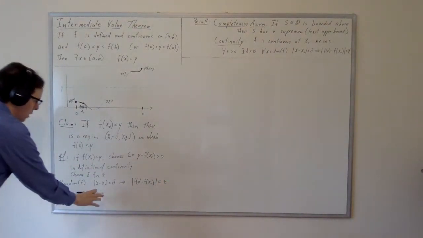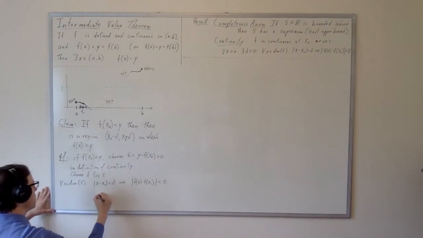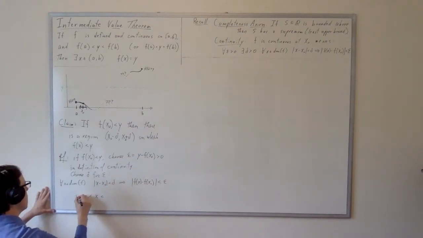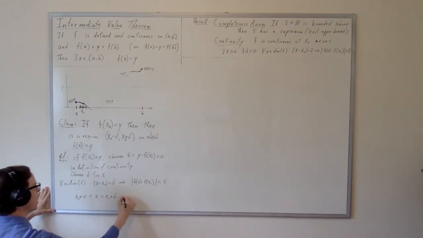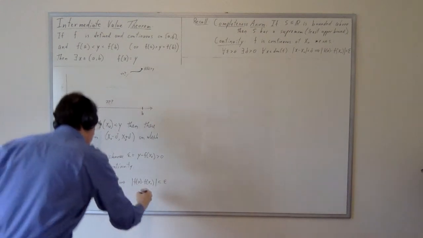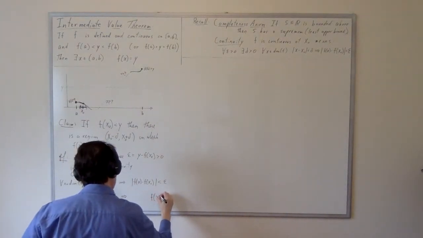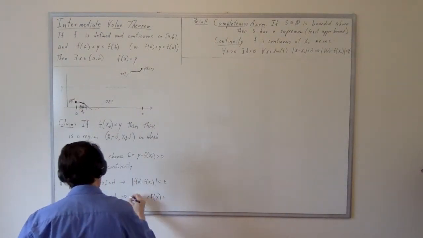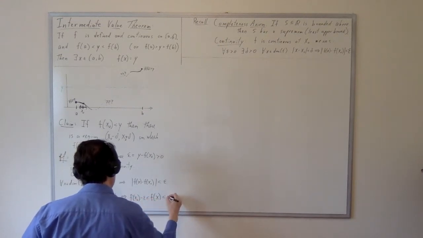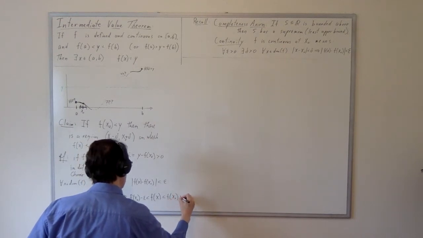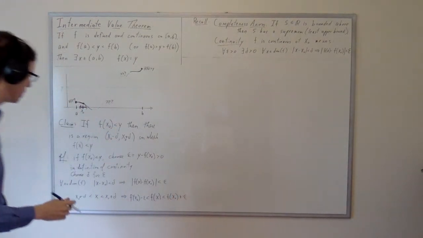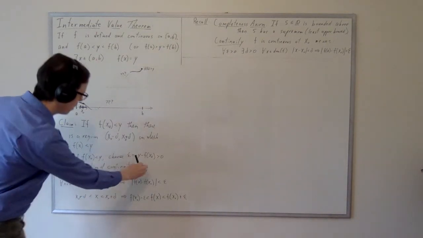Now let's unpack this in terms of what this means. This means that x is between x naught minus delta and x naught plus delta. And this means that f of x is between f of x naught minus epsilon and f of x naught plus epsilon. But what is f of x naught plus epsilon?